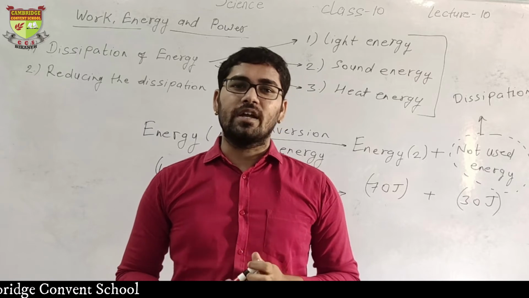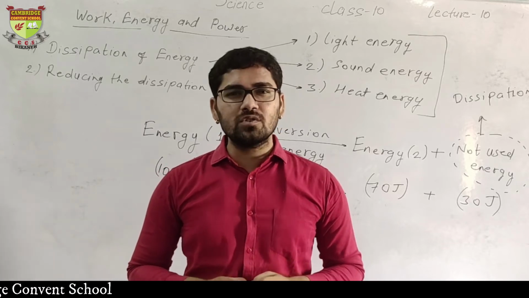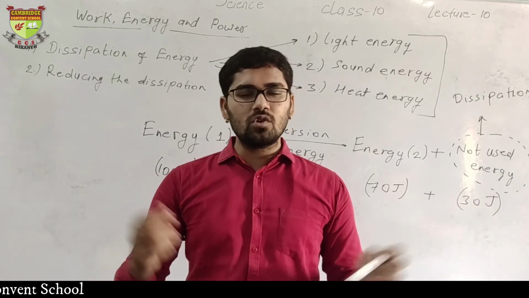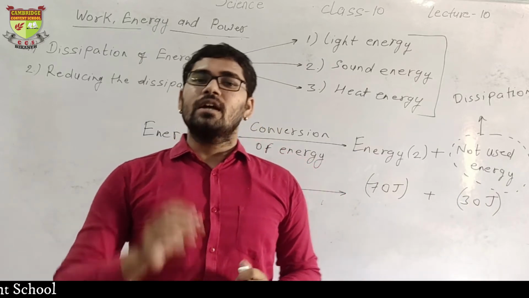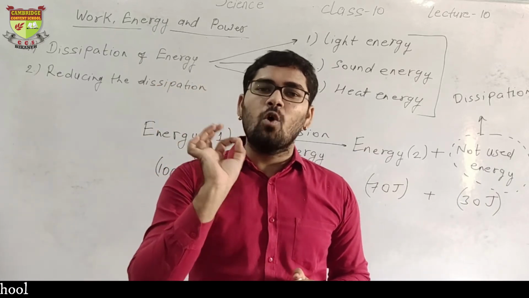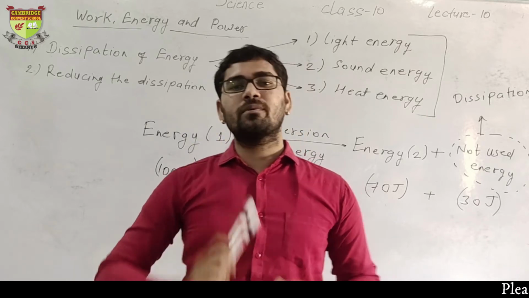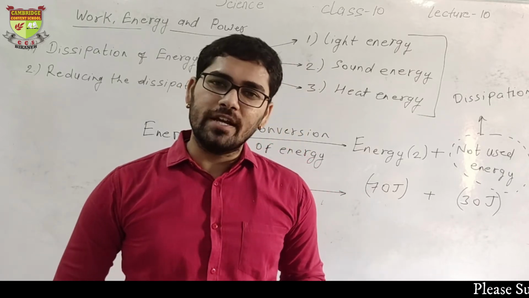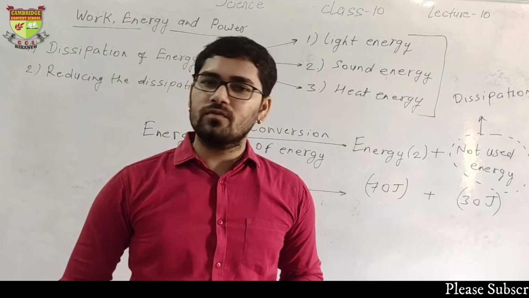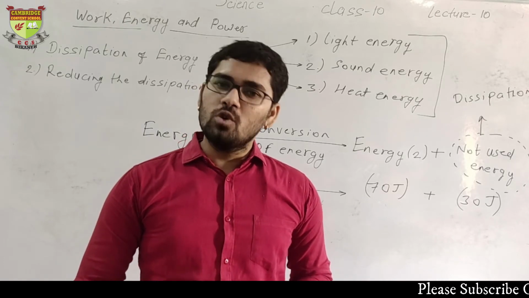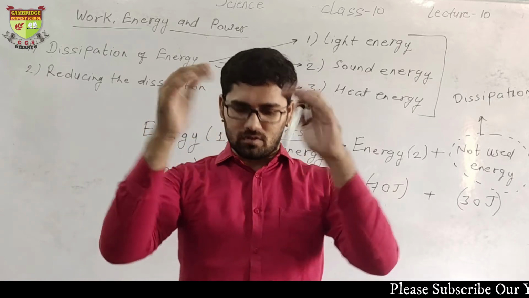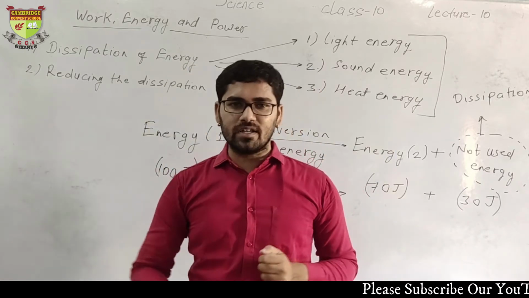What happened there? Heat was produced. But do I use that heat? No, I have no use of that heat at that place. The bulb is made only for light energy, but heat energy is also produced there. Do we use that heat for cooking? Do we use that heat for heating our body in the winters?